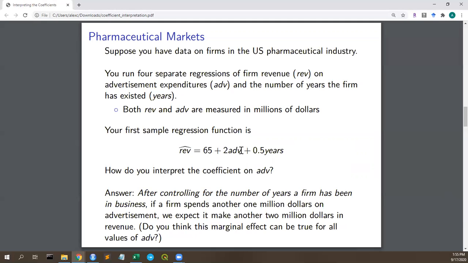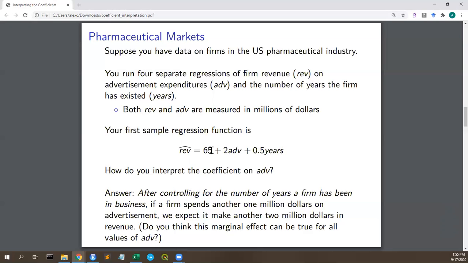What this regression is going to say is, first we're going to interpret this 65. To interpret 65, we have to set this equal to 0 and this equal to 0. So for example, if I spend $0 on advertising and I have been in existence for 0 years, my revenue is expected to be about $65 million.